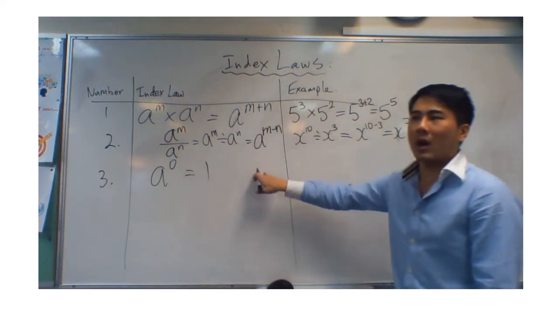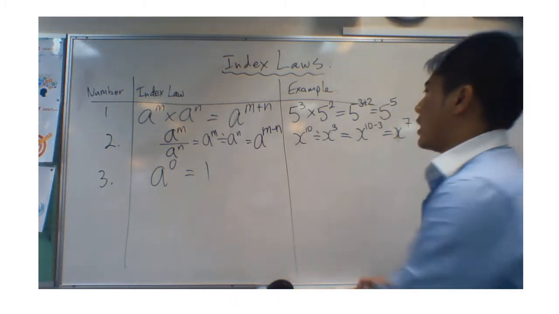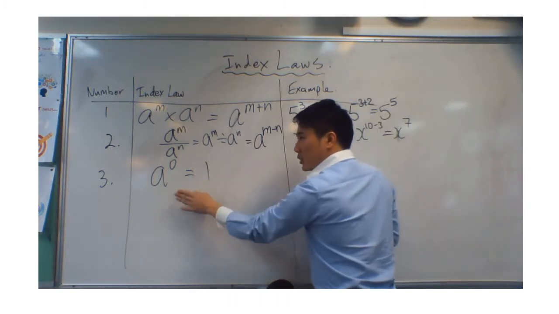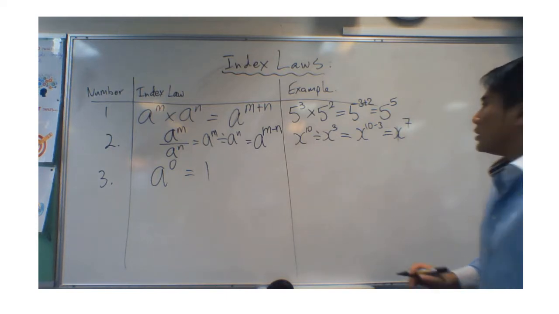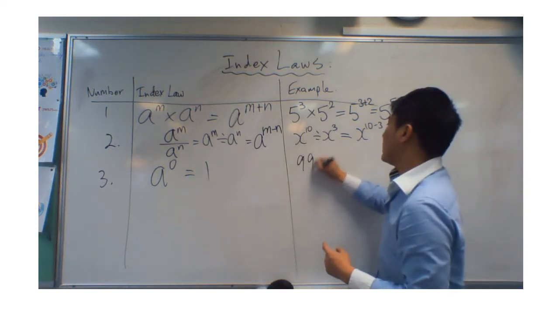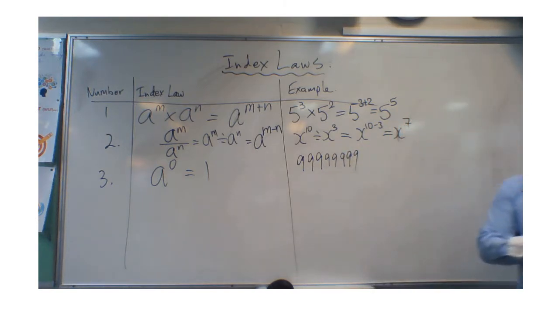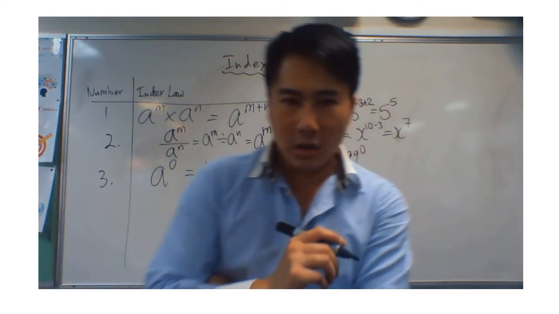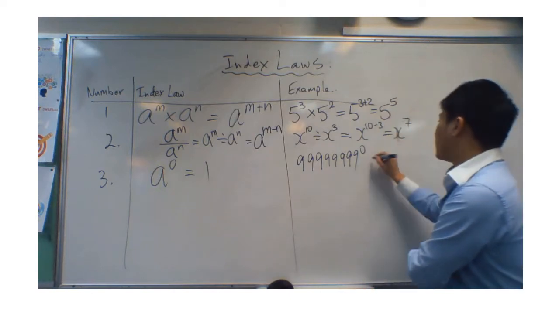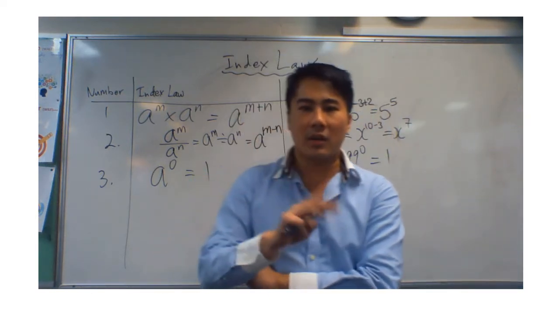If you want to know why, go back to your lesson in previous weeks. Here, I need you to remember this rule. A to the power of 0 equals 1. So my example can be, I can have 9,999,999. But if I raise it to the power of 0, it will still equal 1. Okay? Third index law.